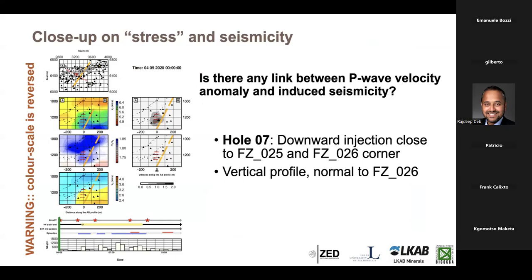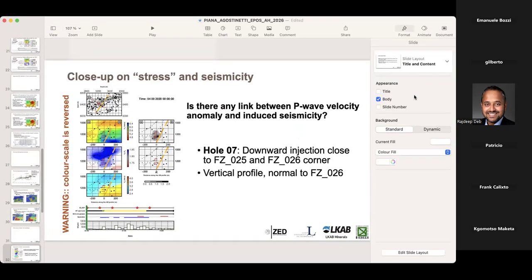We were wondering if there is any link between the P wave velocity anomaly that we see and the induced seismicity. So we look here at the movie for hole 7, a downward injection close to fault zones 25 and 26, on a vertical profile almost normal to fault zone 26. Sorry, I exited the full screen presentation to play the movies.